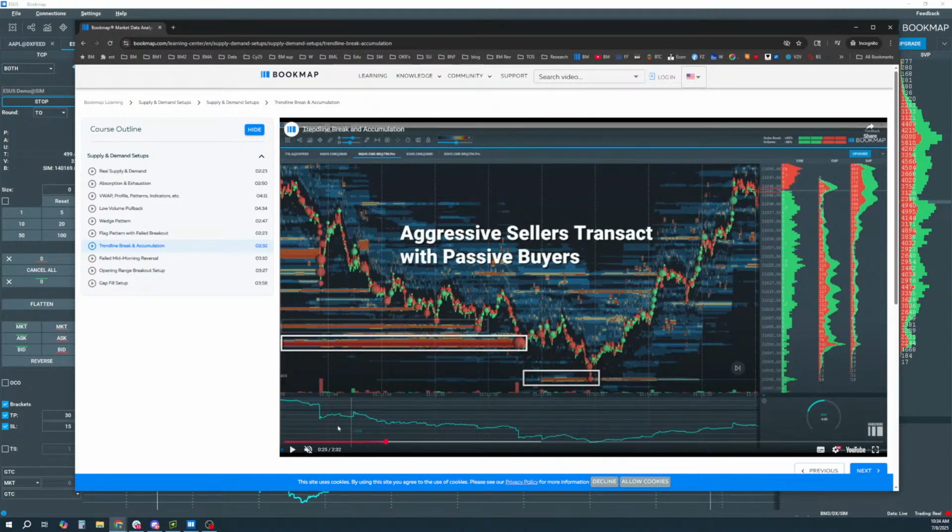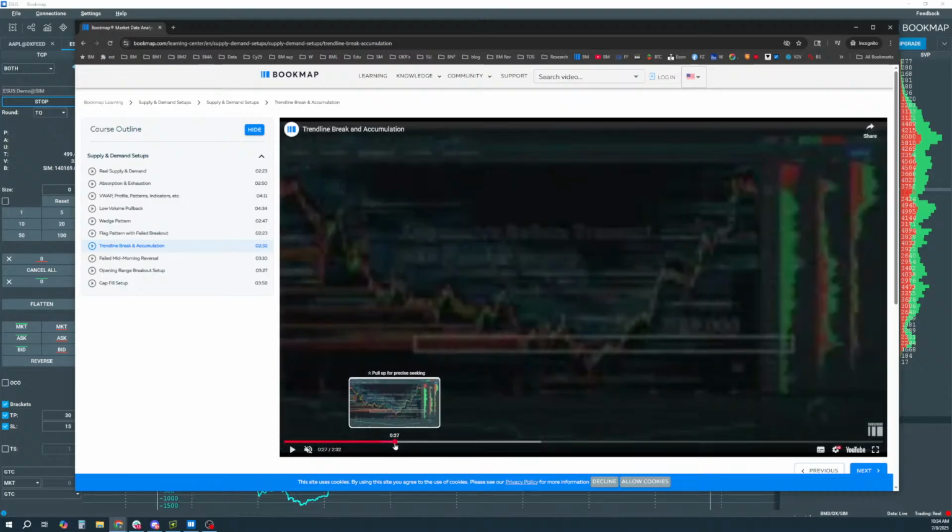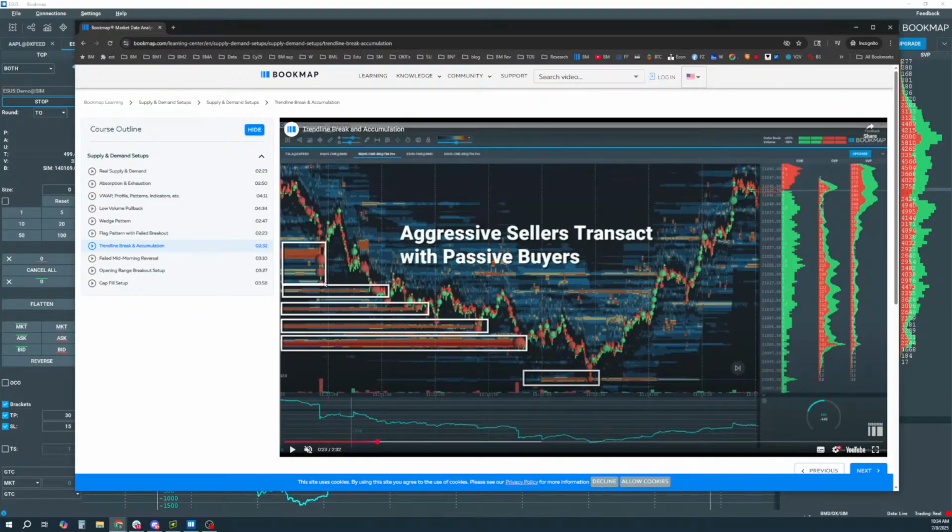It just does such a good job of showing that there's a lot of traders in here getting filled on the bid, and then the buyers come in and start moving it away, and the buying in here doesn't look like it's as heavy as the selling in here, but it's pretty heavy.